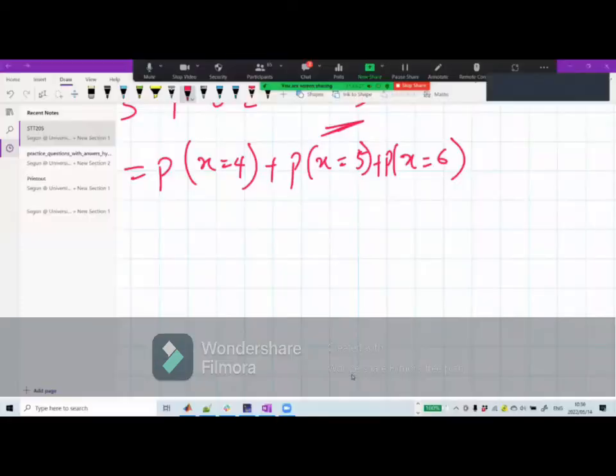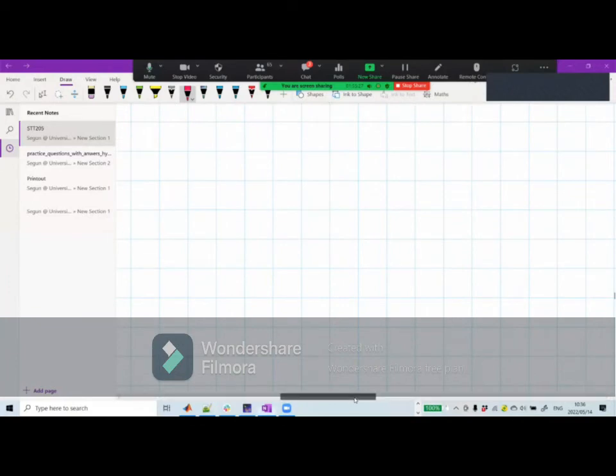If S is greater than 3, you start from 4, 5, 6. Add all the values together, and that's all. It's so simple. Probability is one of the simplest topics, because your answer will not be more than 1.